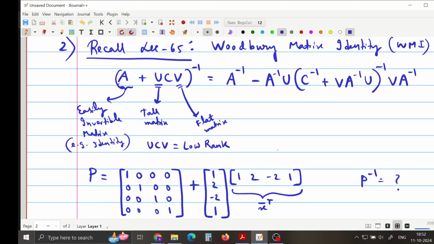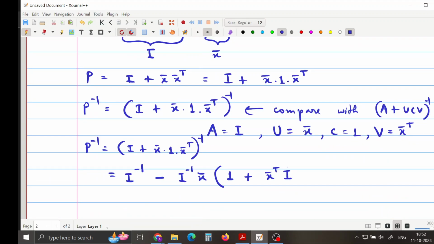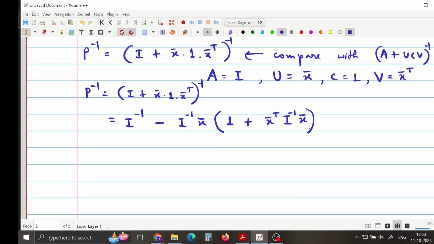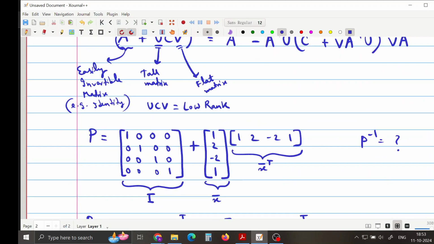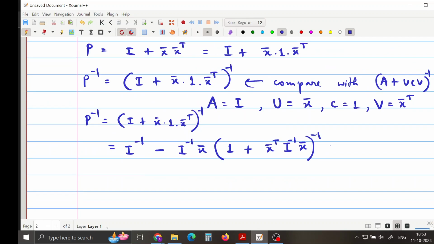So V A inverse U, right? V is x transpose, A inverse is identity inverse, and there was U, which is x. So this whole inverse, and we have finally V into A inverse. So V into A inverse, which means this.